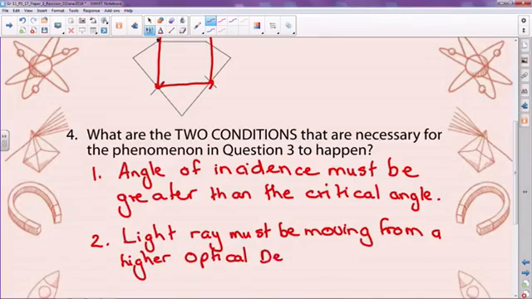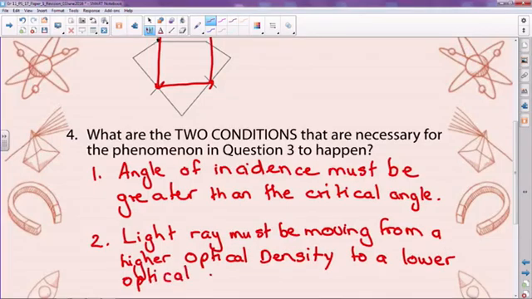You can also say a greater refractive index, both are acceptable, from a higher optical density to a lower optical density or a lower refractive index.